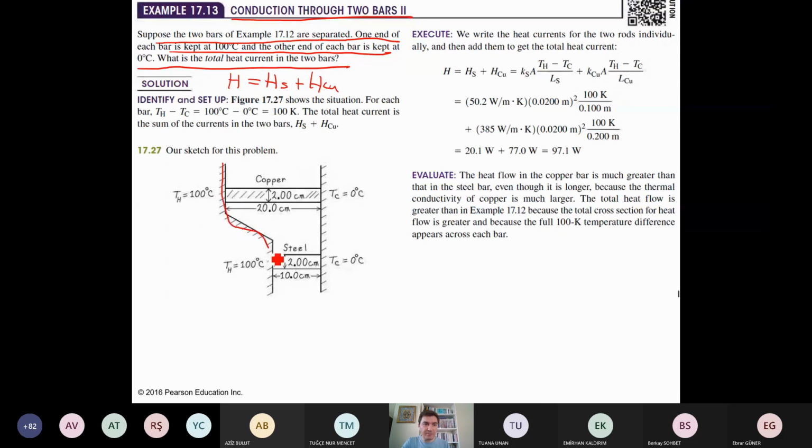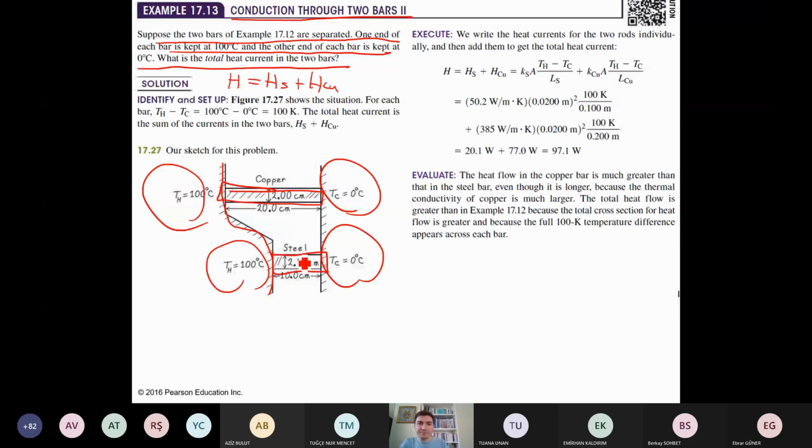Again, this side is 100 degrees Celsius and right side is 0 degrees Celsius. Here we have 20 centimeter long copper and here we have 10 centimeter long steel. Then just calculate. So here we have higher temperature minus lower temperature.